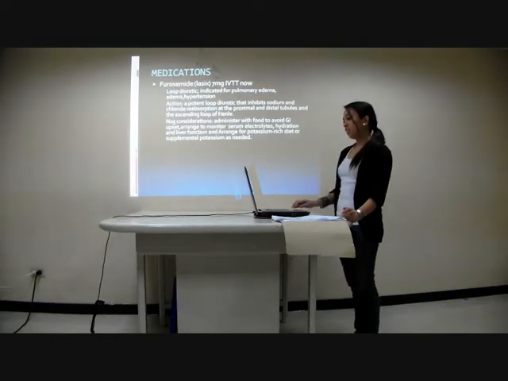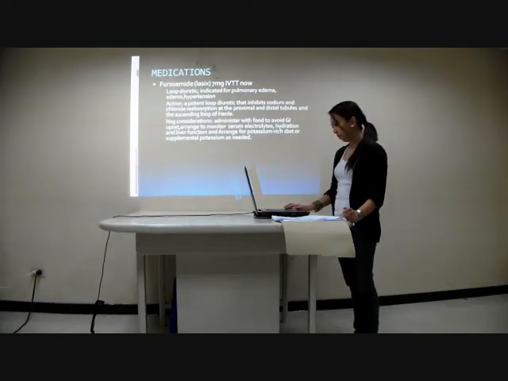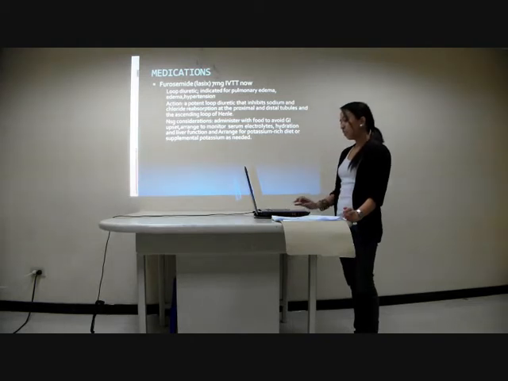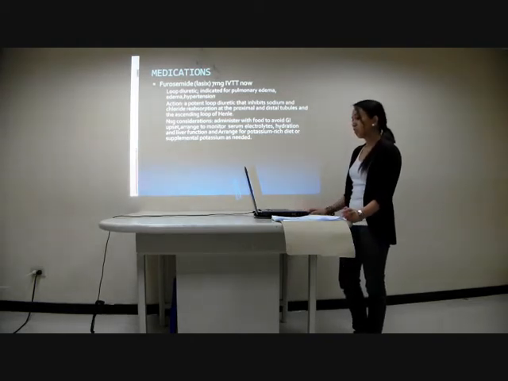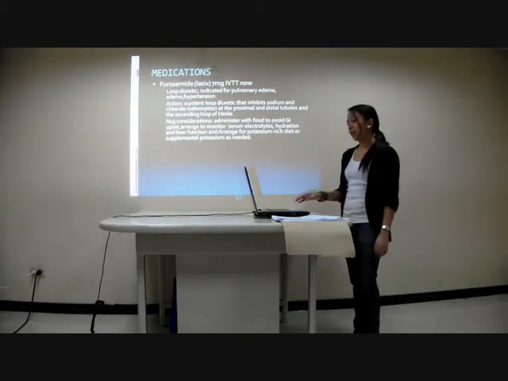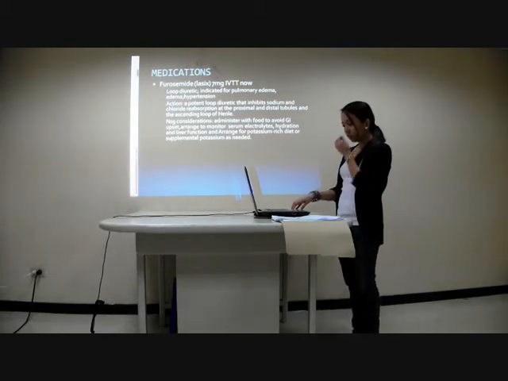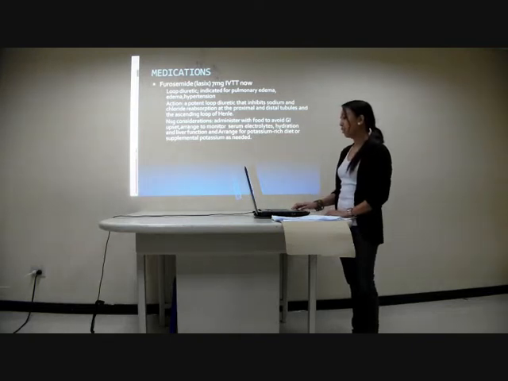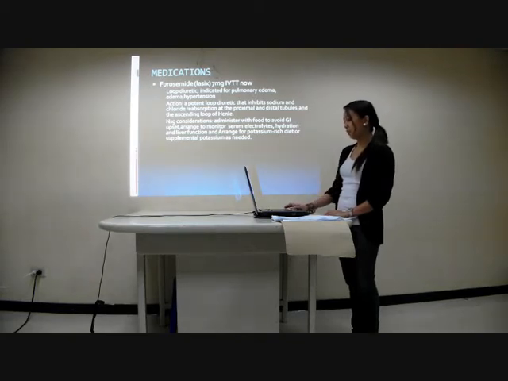It is indicated for pulmonary edema. The nursing consideration we must do is administer the drug with food to avoid GI upset, monitor serum electrolytes, hydration, and liver function, and arrange for a potassium-rich diet or supplement potassium as needed.